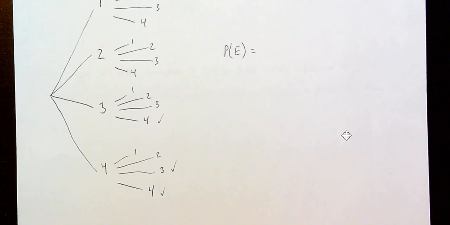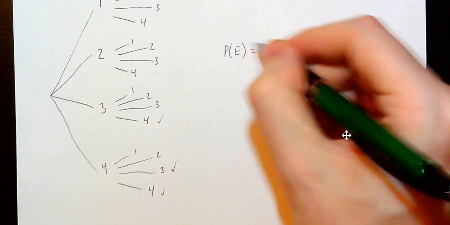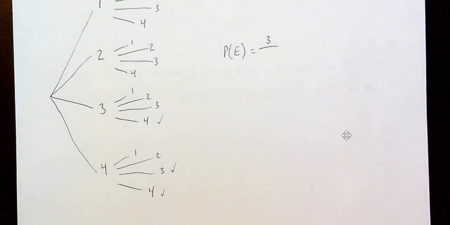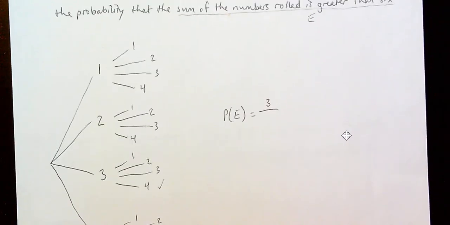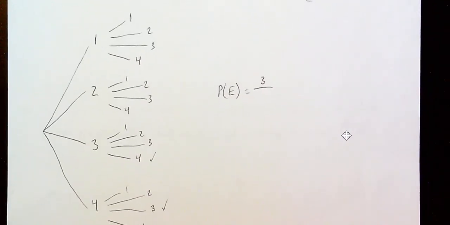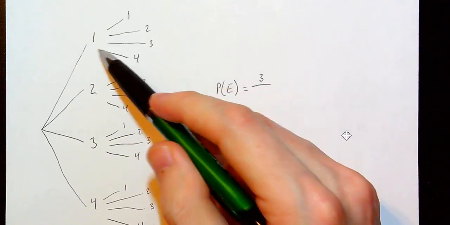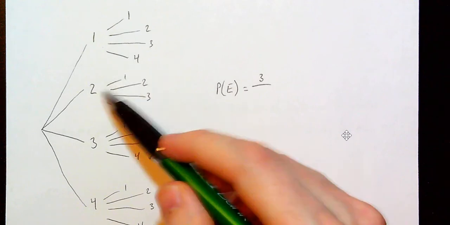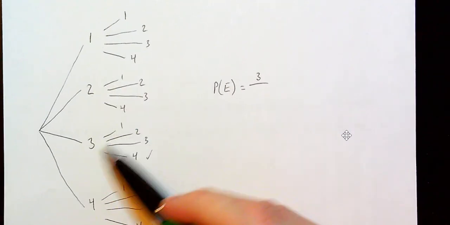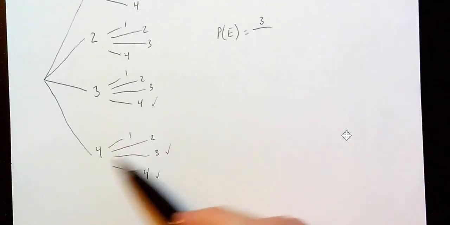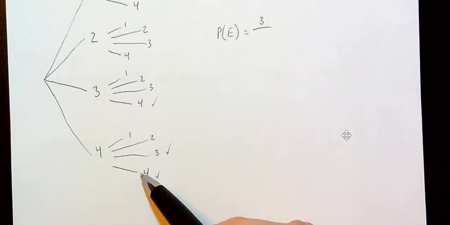So we had 1, 2, 3 outcomes that are in the event. How many possible outcomes are there in the entire sample space? So 1, 2, 3, 4, 5, 6, 7, 8, 9, 10, 11, 12, and then 13, 14, 15, and 16.